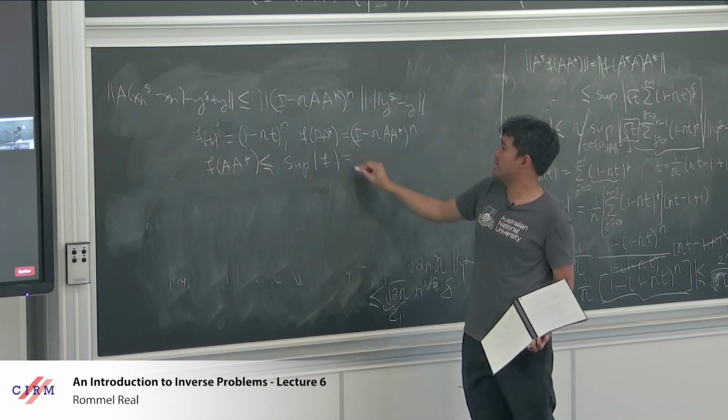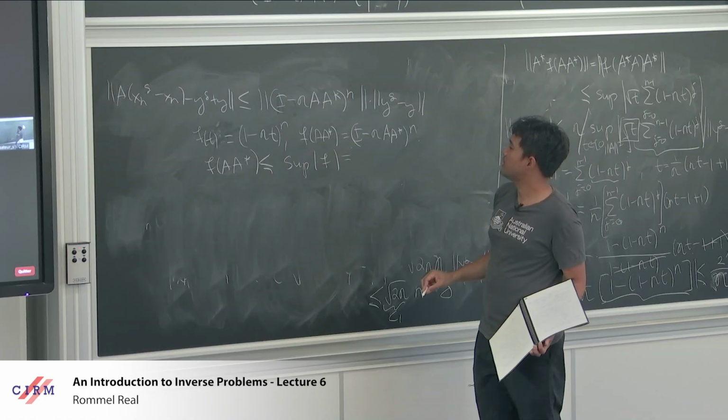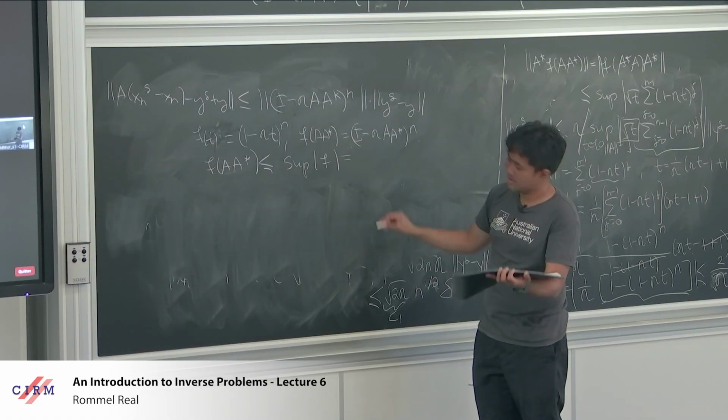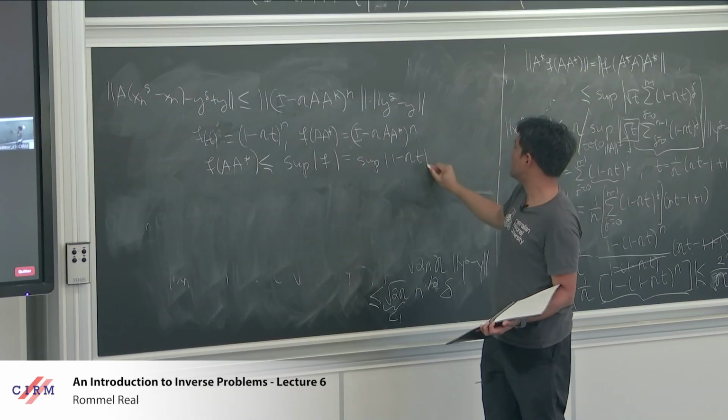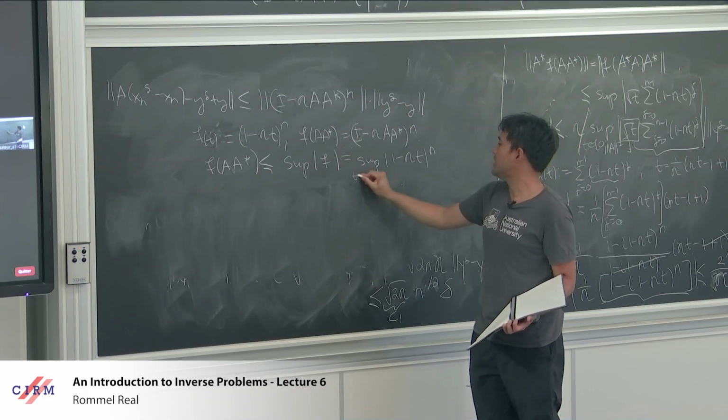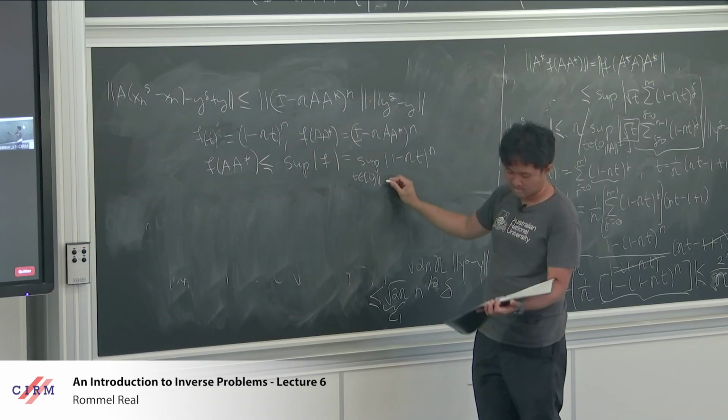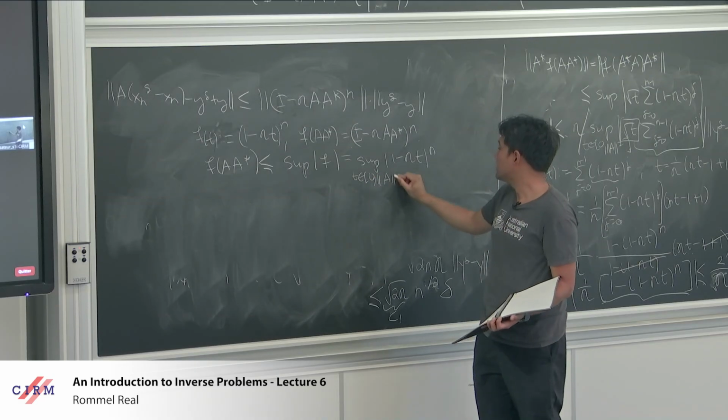In this case, that's equal to the supremum of 1 minus eta t raised to n, where t is taken from 0 to the norm of A squared.